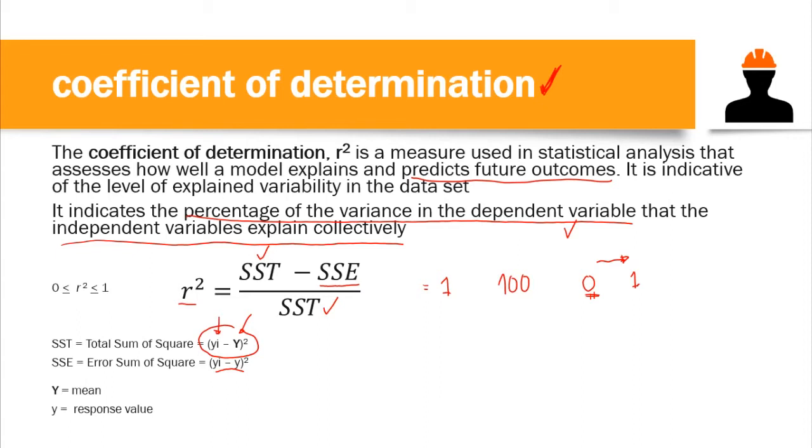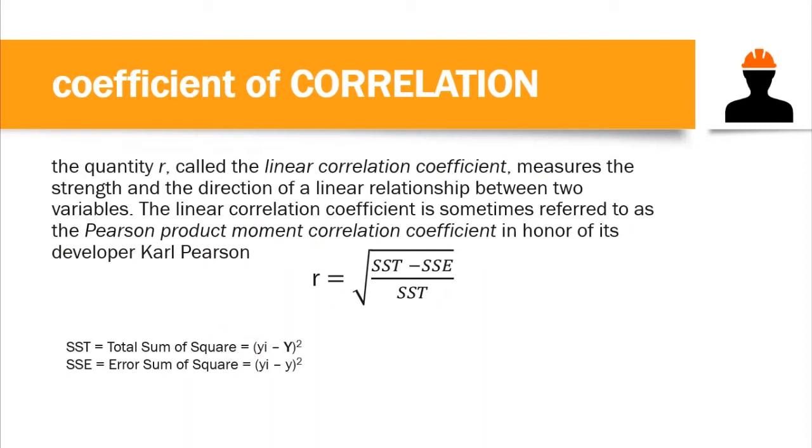Okay, we also have the coefficient of correlation. Now, the coefficient of correlation measures the strength and the direction of the linear relationship between two variables x and y. The linear correlation coefficient is sometimes referred to as the Pearson product moment correlation coefficient, in honor, of course, of its developer, Karl Pearson. As you can see, the coefficient of correlation is just the square root of the coefficient of determination.